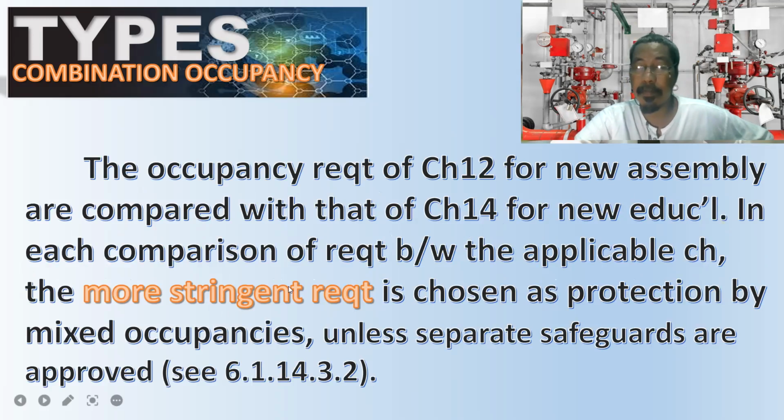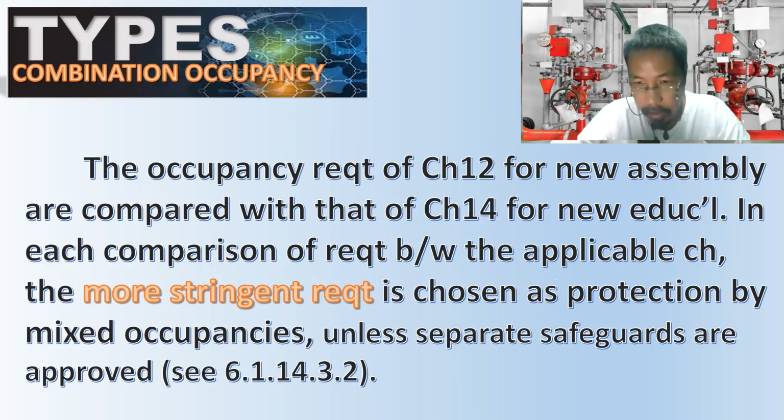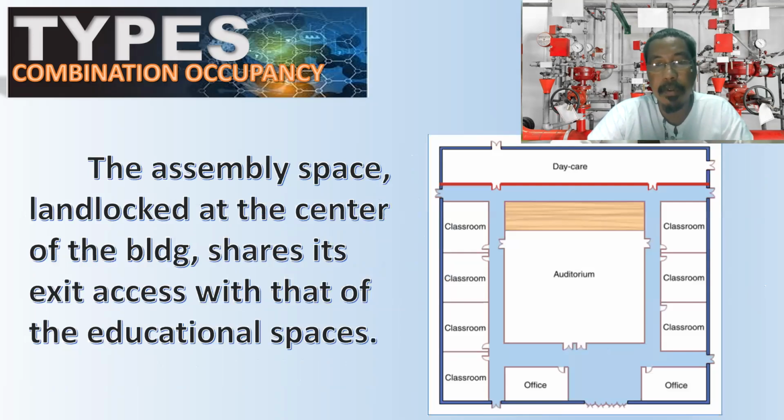There are 3 occupancy types, the most stringent of the 3. So that is how we solve this type of problem. We are able to solve this requirement, which are intermingled, so mixed type.